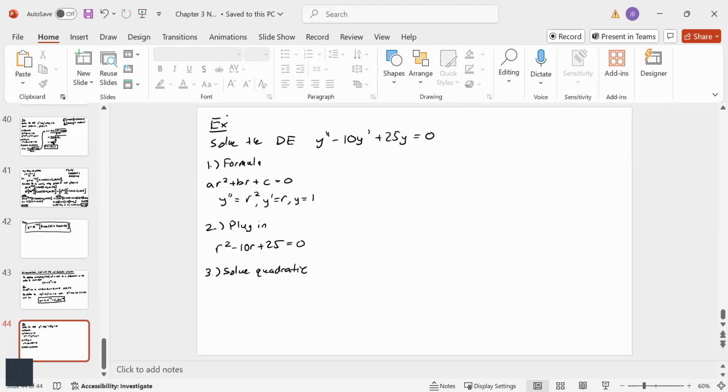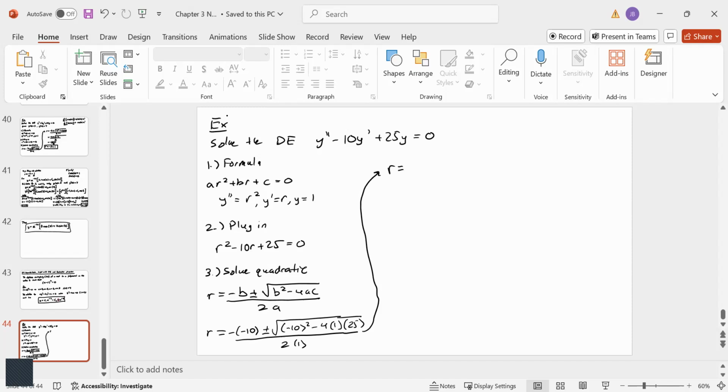If you do the quadratic formula, which I will do here just so you can see what happens: r is equal to negative b plus or minus the square root of b squared minus 4ac, all over 2a. r is equal to negative negative 10, don't forget the double negative there, so it makes a positive 10, plus or minus the square root of negative 10 squared minus 4 times 1 times 25, all over 2 times 1.